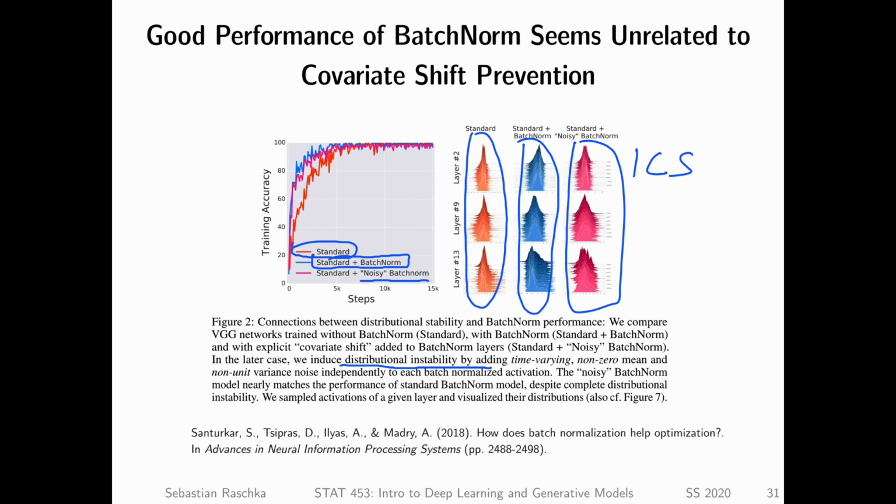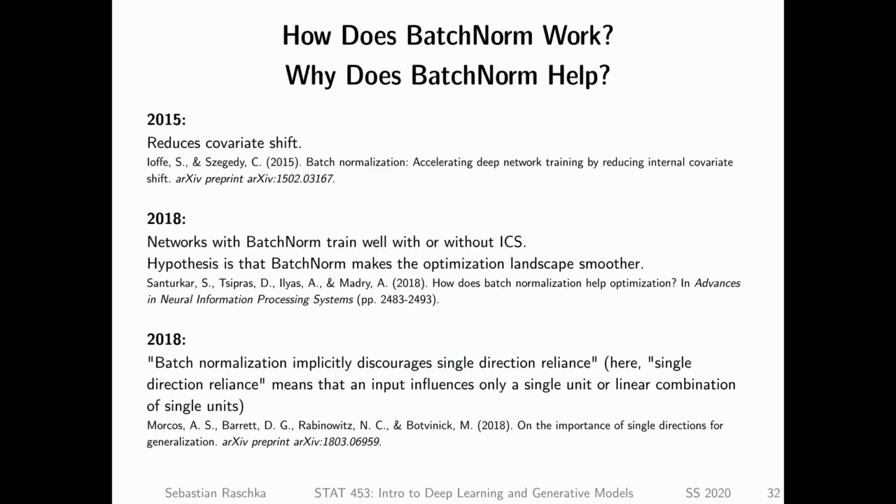And still, even though there is internal covariate shift, they find that there's good performance. You can see that here. The performance, even though some noise is added, is better than the standard one without noise. So maybe the internal covariate shift is not really why the network learns better. Batch norm prevents internal covariate shift, but this may not be the reason why it works so well. I was just summarizing some literature about batch norm.